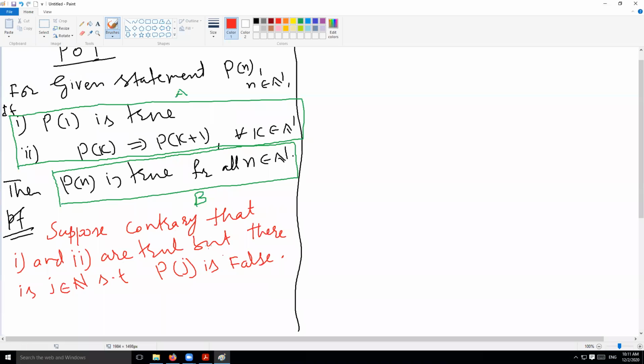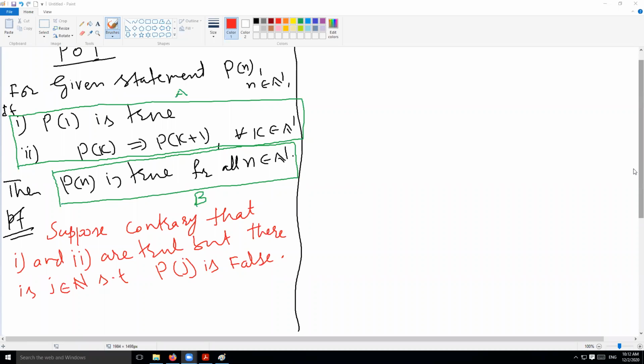This part that I have written is really the negation of the principle of induction: that conditions 1 and 2, the if part, are true, but the conclusion is false. And the negation of the conclusion is that P for some index is false. I have called this index j.